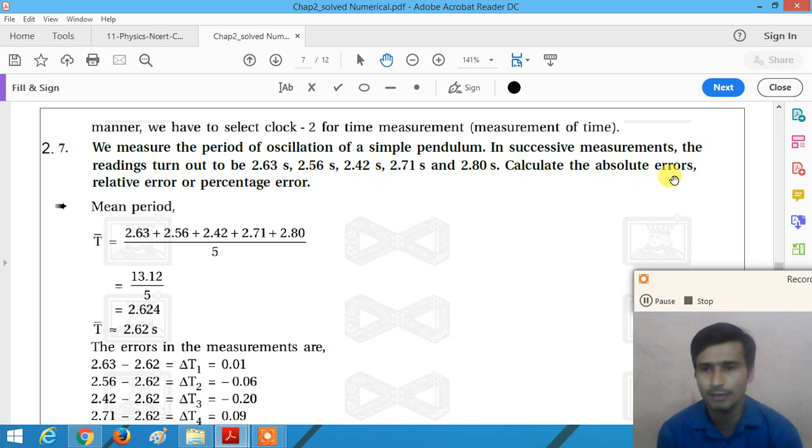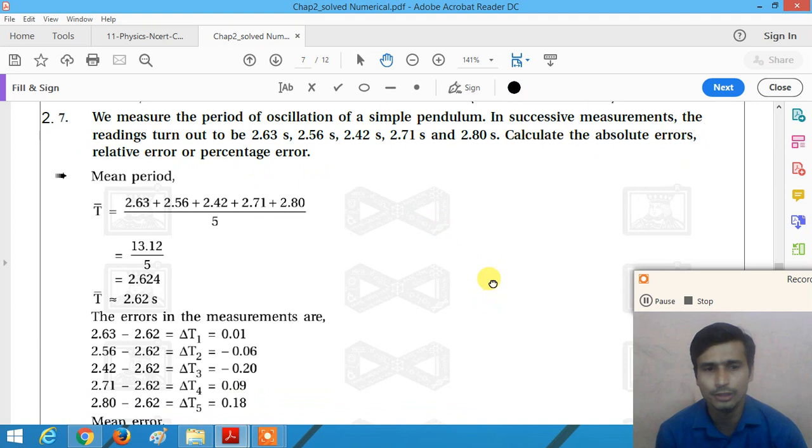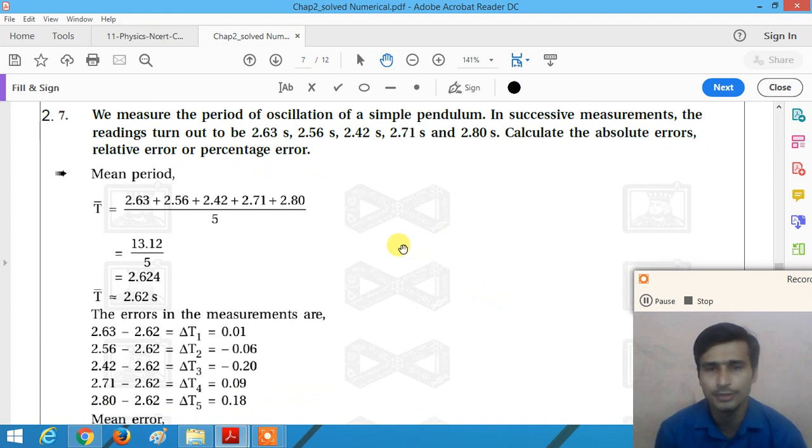How can we calculate the absolute error? What do we mean by absolute error? The absolute error is the positive difference between the true value and the measured value. So first of all, we need to calculate the true value, or the mean value of the period, t bar. How do we calculate the mean?